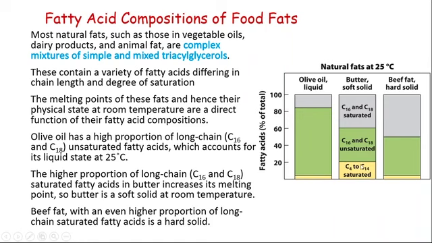So if you look at the saturated fatty acid content, it makes it a solid, but because it contains some unsaturated fatty acids, you will see that it is a soft solid at room temperature. Many a time, we keep the butter in the refrigerator because at room temperature, it will be soft and it will become soggy. So we keep it in the fridge so that it is hard.